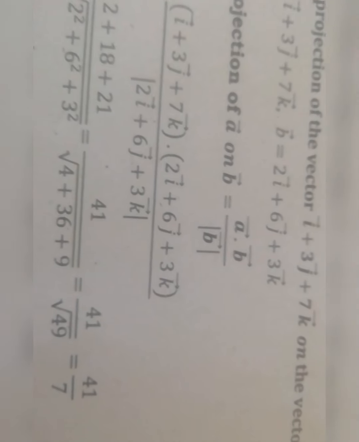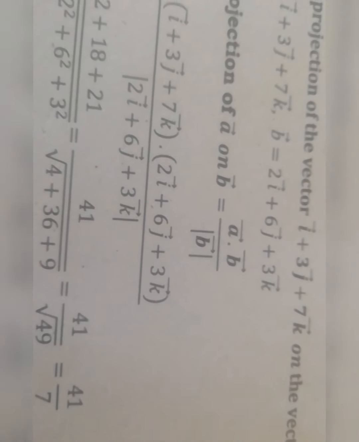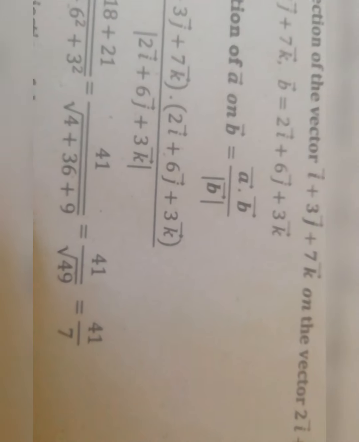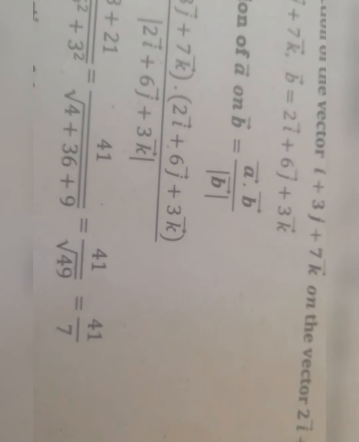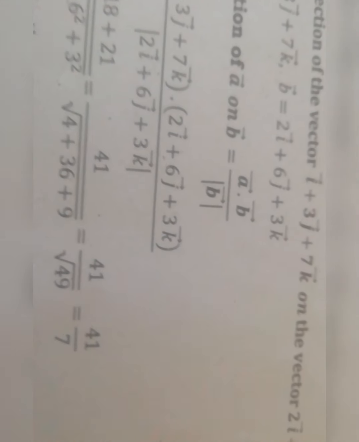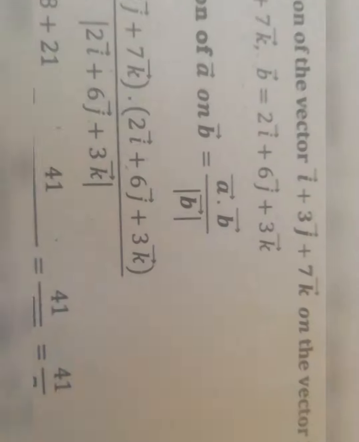Root of x square plus y square plus z square. So root of 2 square plus 6 square plus 3 square. See the coefficients 2, 6, 3. So we get the answer 41 by root 49. Root 49 means 7. So that is the formula for projections.